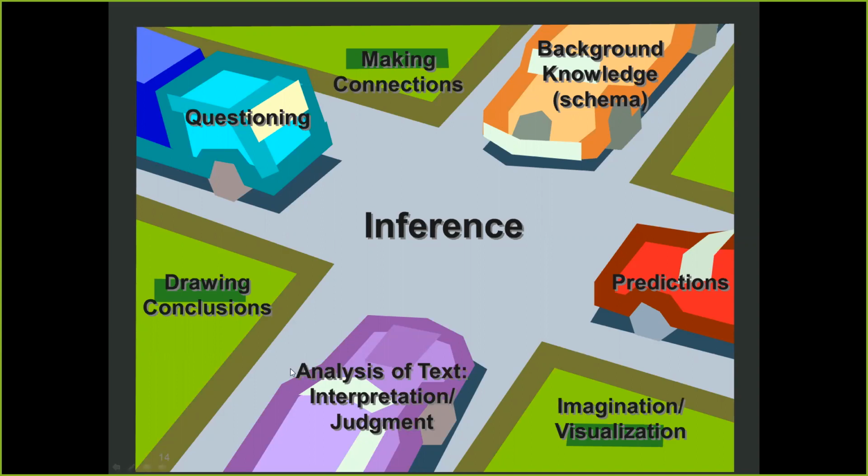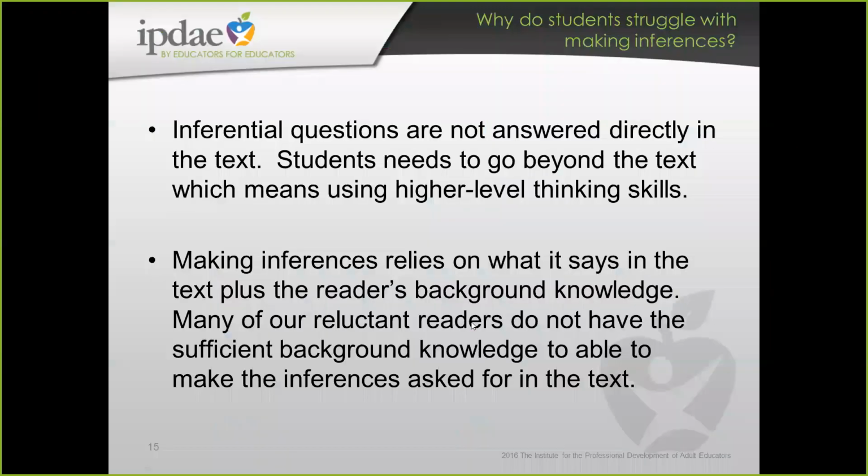That is something that so many of us as effective readers do on an ongoing basis. We don't think about it. We see these kinds of pictures in our head, and that helps us with making inferences. But for our students, it's a little different. So I think, Bonnie, as we go through this, we need to talk a little bit about that visualization and maybe some strategies that can help students as they're working through that.